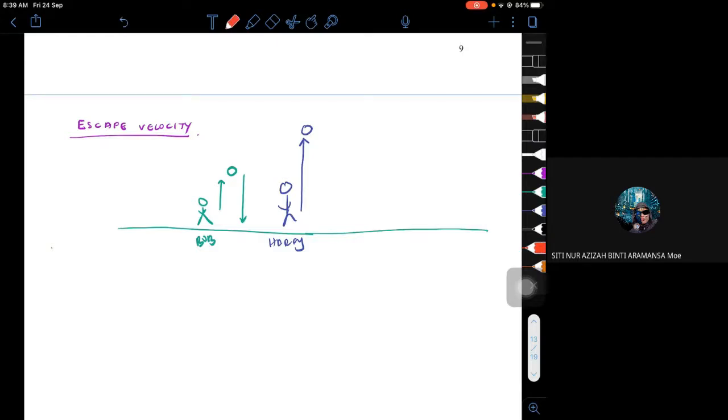What happened to the ball now? Dia jatuh balik. Okay, dia jatuh balik. Tapi this one, tengok Harry ni dia lagi besar kan. So obviously dia akan baling lagi tinggi lah. Tapi what happened, the ball eventually jatuh balik kan. Sebab ada gravity, okay.